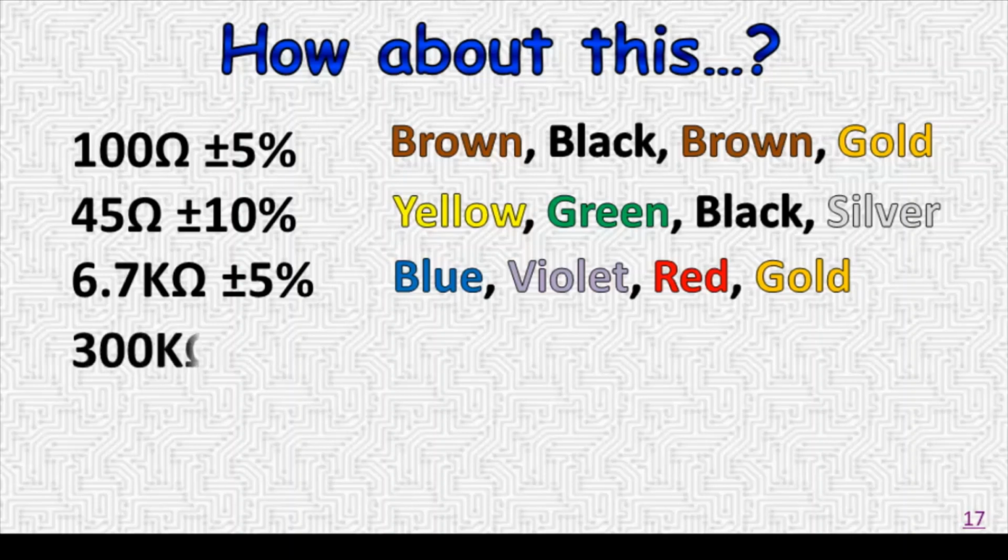How about this one? 300 kilo ohms. Malaki na yan, sir. Kasya pa ba yan? Tandaan natin, ha? Positive, negative 5% is gold. Let's try. Pwede pa rin naman natin subukan. Kung red ay 2, 3 ay orange. Tama ba?